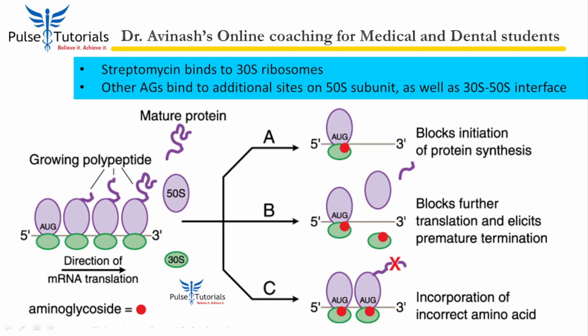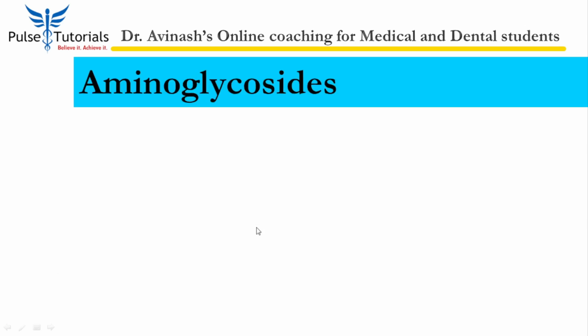Getting it? The aminoglycoside which went in first created a wrong protein which got incorporated into the cell membrane, which made the cell membrane weak. More aminoglycosides could come in. Aminoglycosides helping other aminoglycosides, enhancing their lethal effect, and that is probably how streptomycin and other aminoglycosides work.